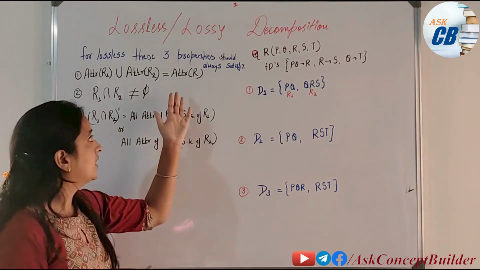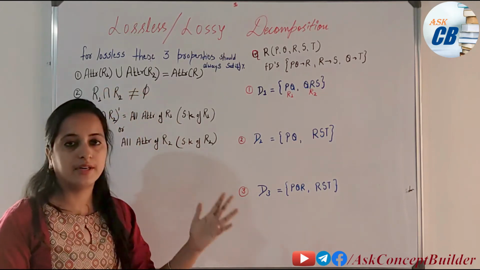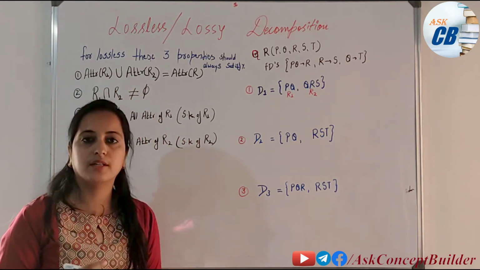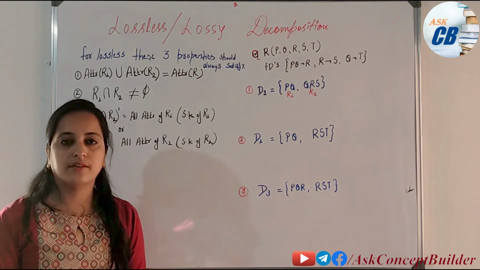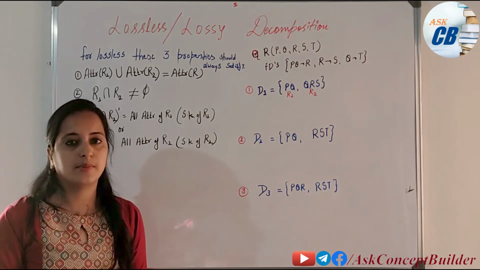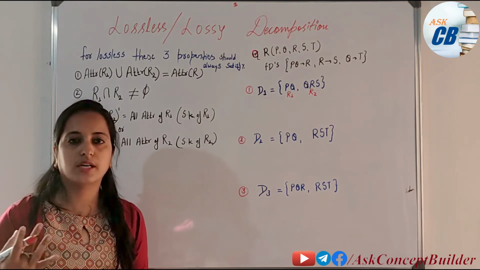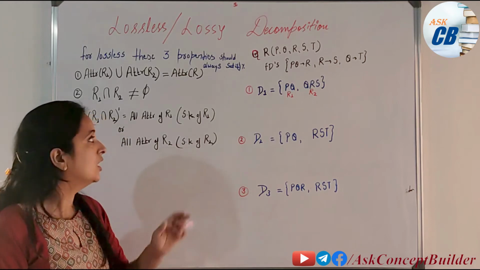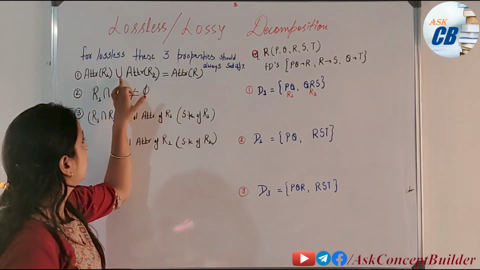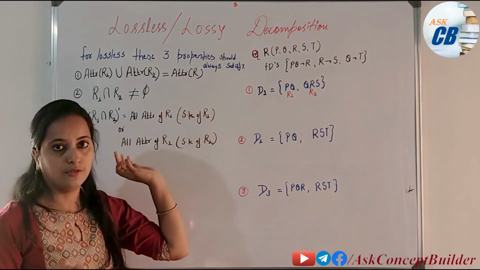Because we want our same relation R. If our decomposition R1 and R2 are not giving all of the attributes which we had in our relation R, then simply we can say this is a lossy decomposition, because we are not getting the same attributes. So the first property is that attribute of R1 union attribute of R2 should be equal to attribute of R.